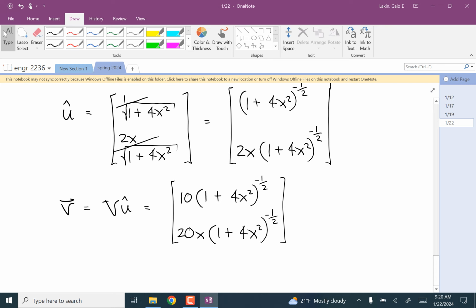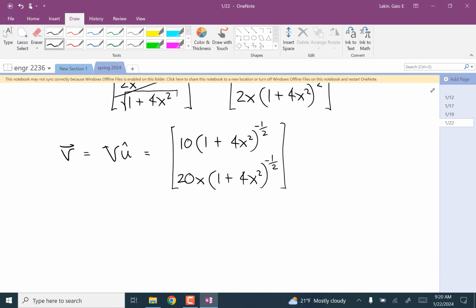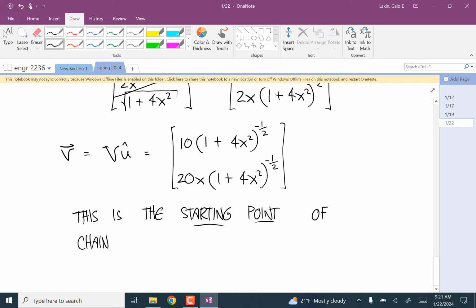Okay, and so now to calculate the acceleration, let me just write, this is our previous starting point of these chain rule problems.